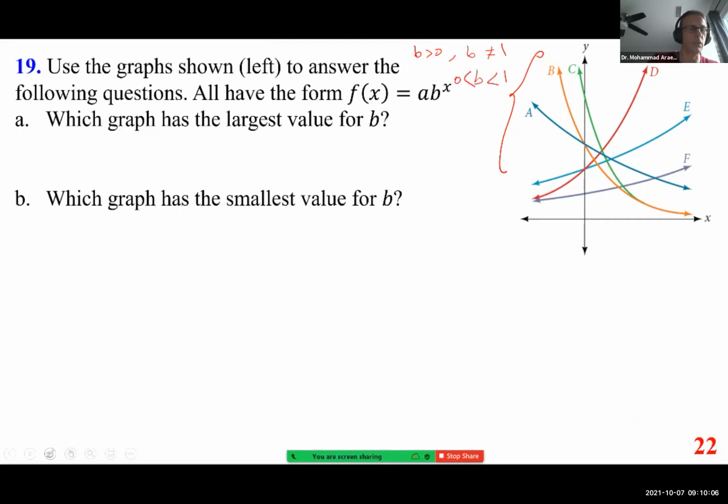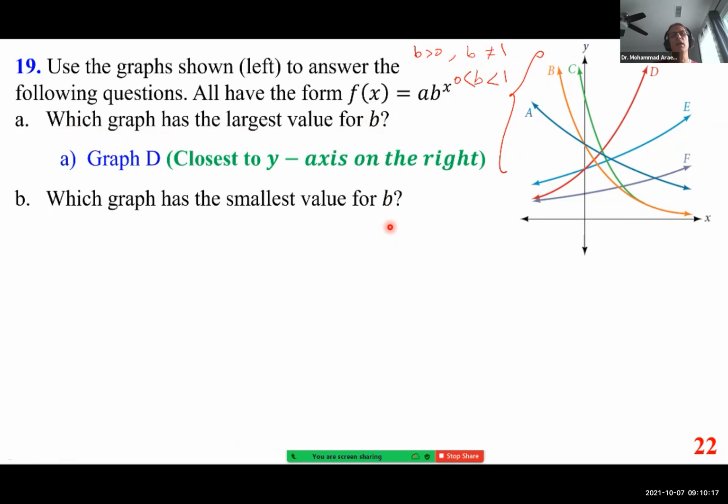This is reminding you of what we learned in algebra. So the question is, which graph has the largest value of b and which one has the smallest value of b? Graph D has the largest base value. Here's the reason. Remember, on the left side, those functions, b is between 0 and 1. On the right side, b is larger than 1.